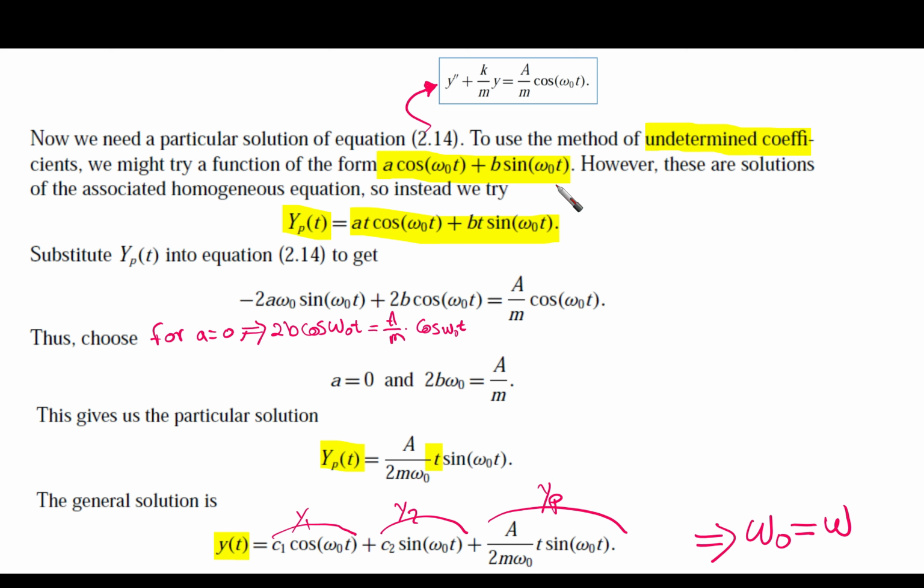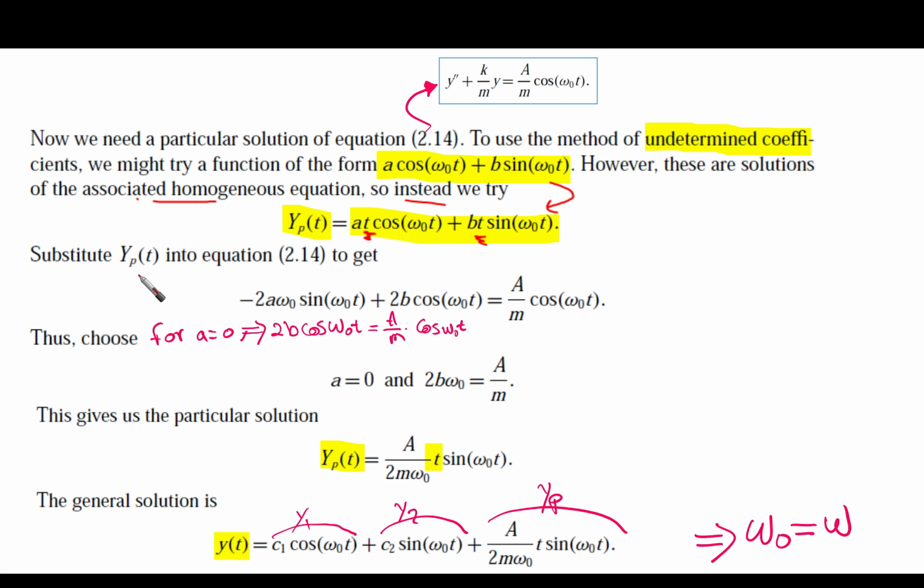However, these are solutions of the associated homogeneous equation, so it will not work for us, this assumption. We need to assume another thing. Y particular is going to be At, we multiply by t here, and we multiply by another t here. So instead of A cosine and B sine, it is At cosine and Bt sine, okay?